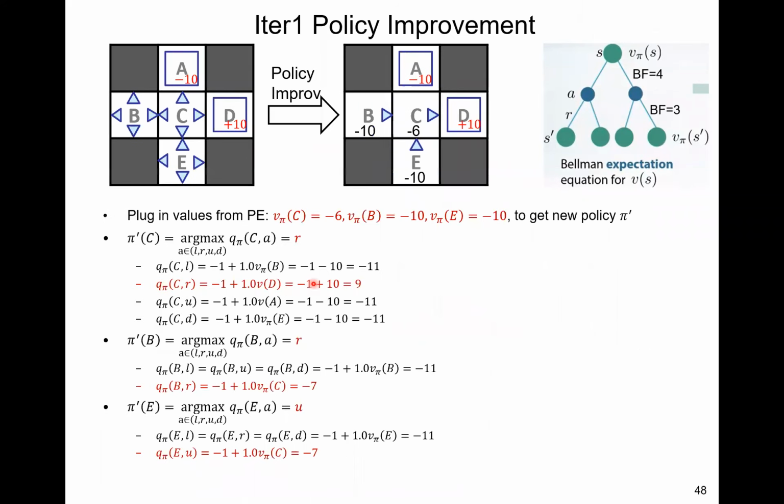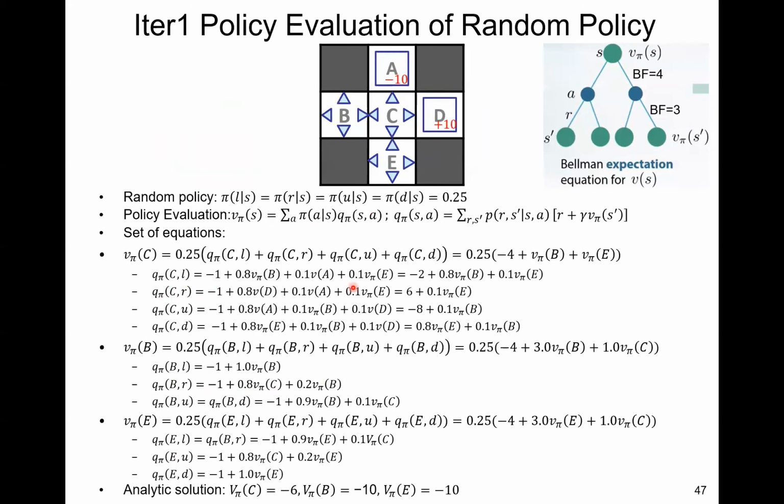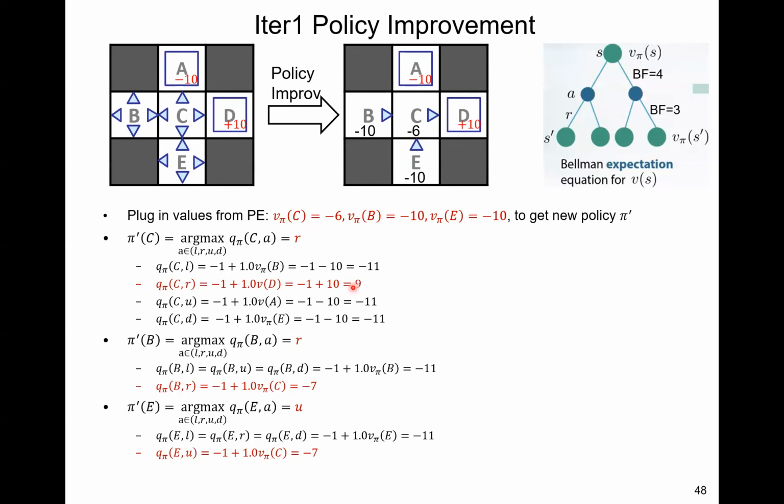Instead, if you go left from C, you may go into B or go into A or E. So yes, it's a mistake. Let me see. Okay, 0.8 Vpi B. Let's work it out.